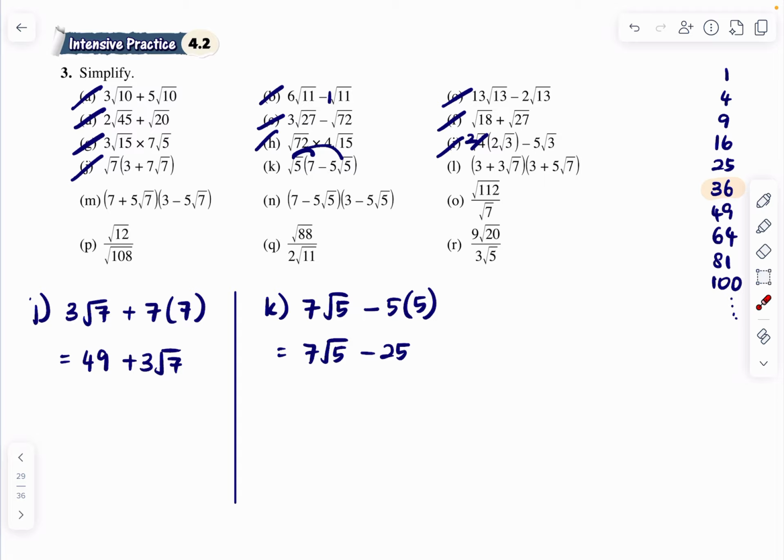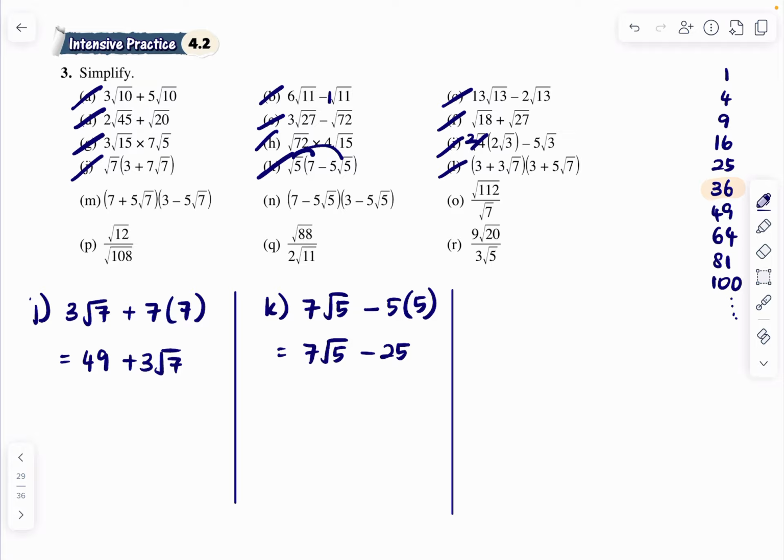If it's positive, yeah, you can just bring it in front. Normally in exam, if you see the answer schemes, they like to keep the negative answer at the back, if possible. But it doesn't really matter, it's still the same thing. You can write negative 25 plus 7 surd 5 also.